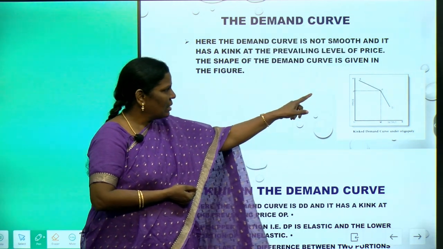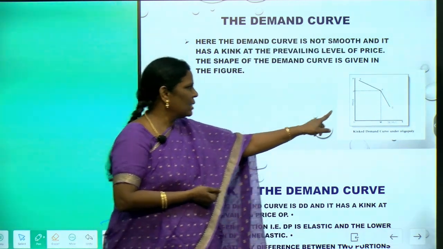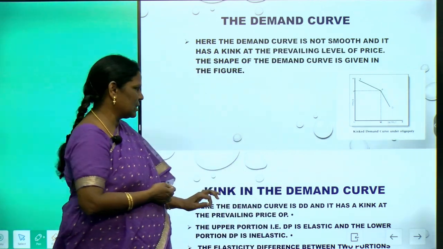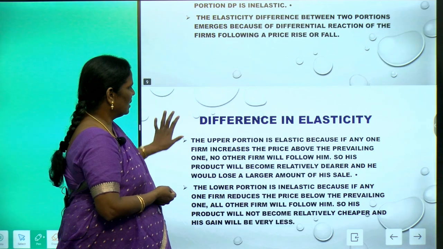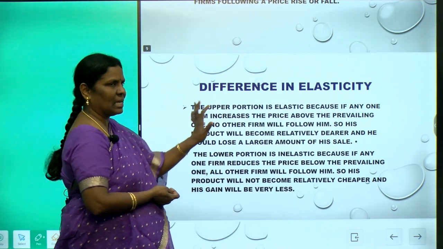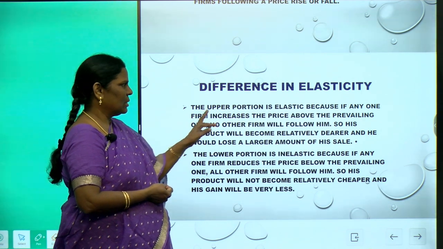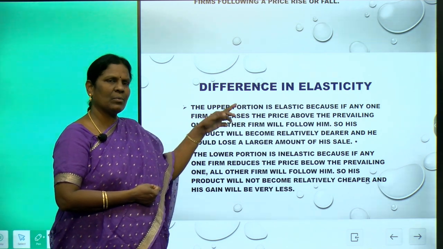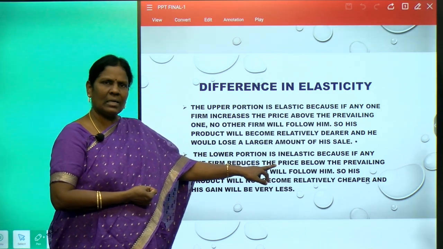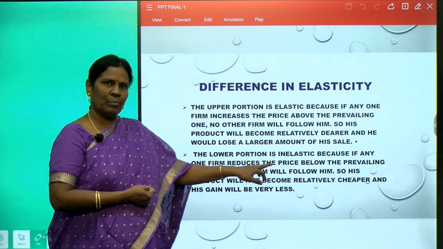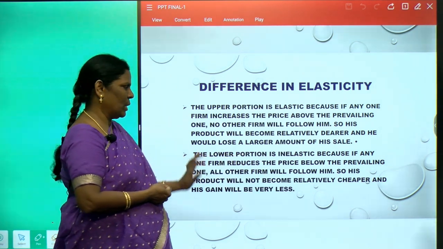That is the reason the first part of the demand curve is more elastic and the second part is less elastic. See, this is the difference in elasticity of the demand curve. The upper portion of the demand curve is more elastic and the lower portion is inelastic because of the price rigidity nature under the oligopoly market.